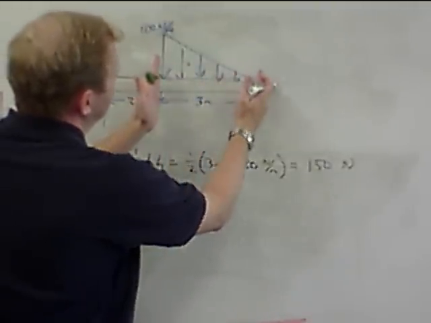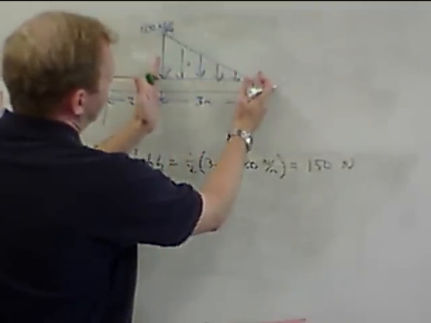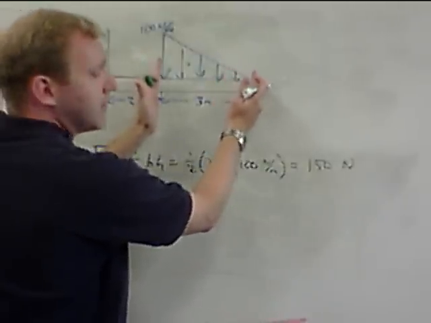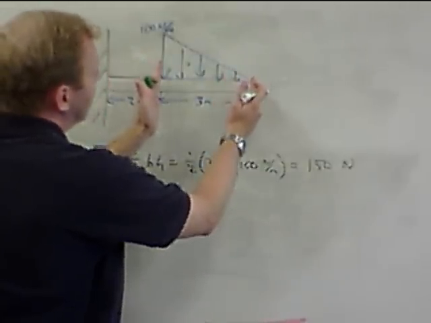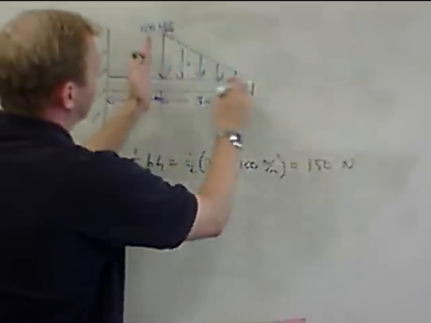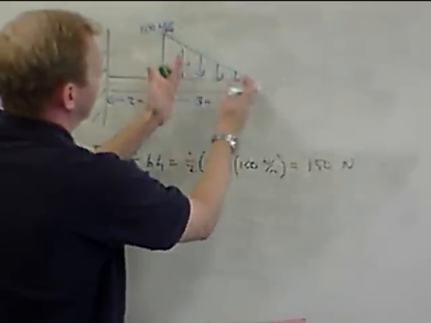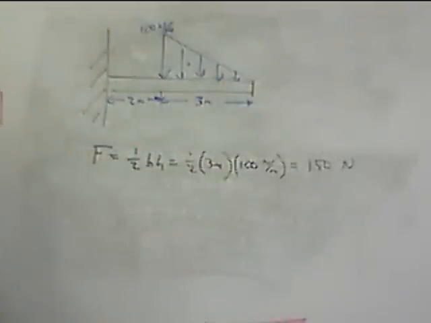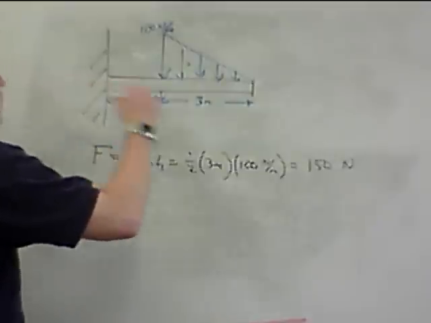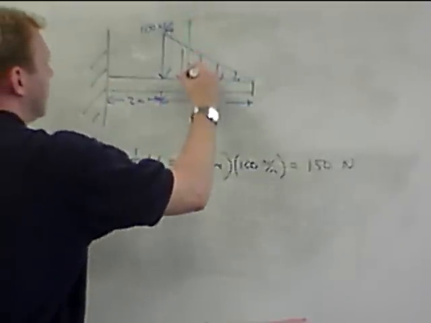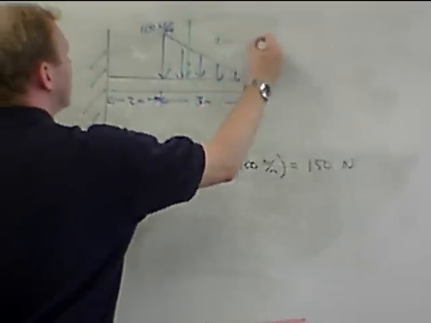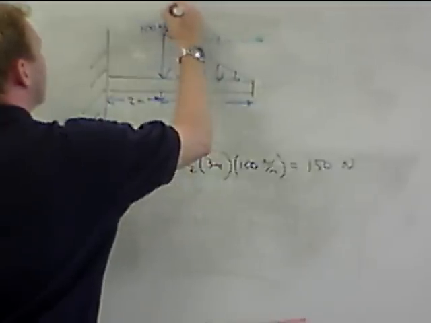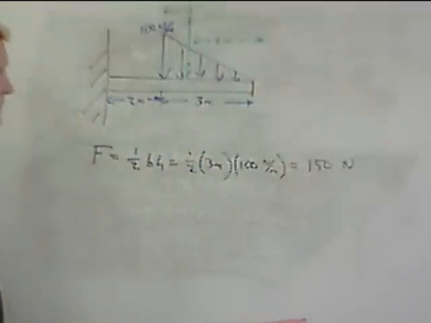Okay, so the beam is 5 meters long. The distributed load is over 3 meters worth of this beam. So the center of this little triangle is going to be 1 meter from the long edge, 2 meters from the narrow edge there. Again, because it's a triangle, we know this is going to be a distance of 2 meters here, and then 1 meter from the other edge of the triangle.